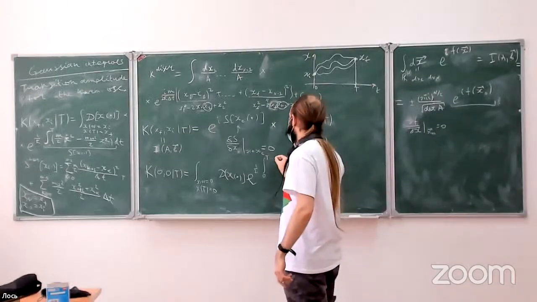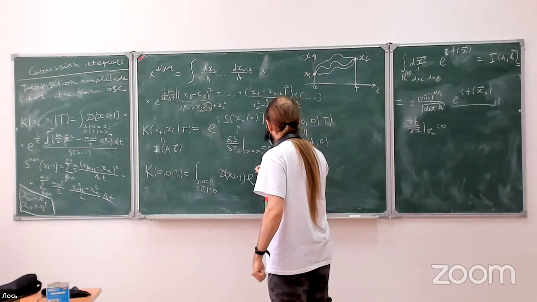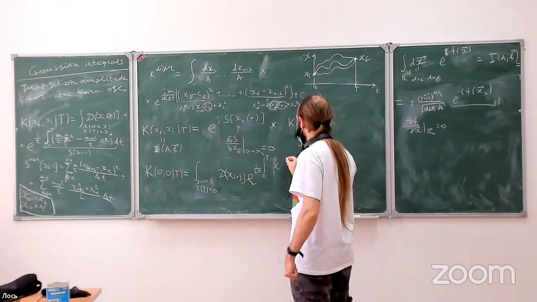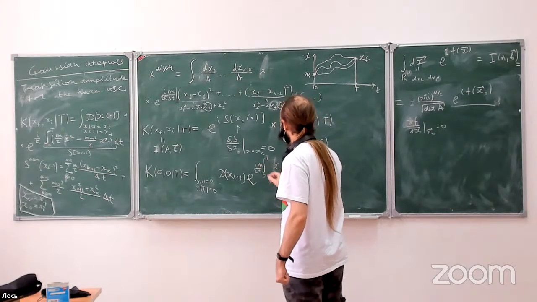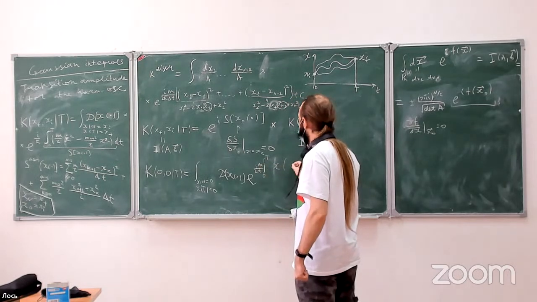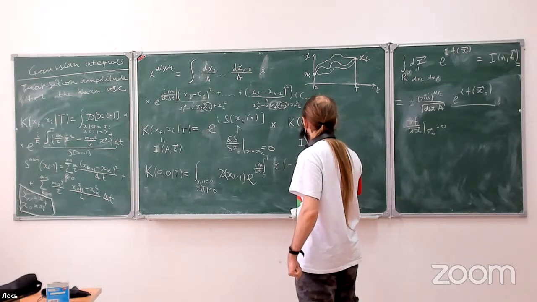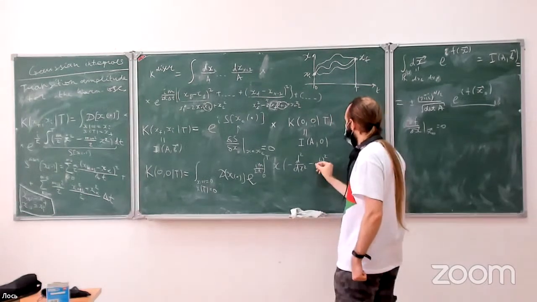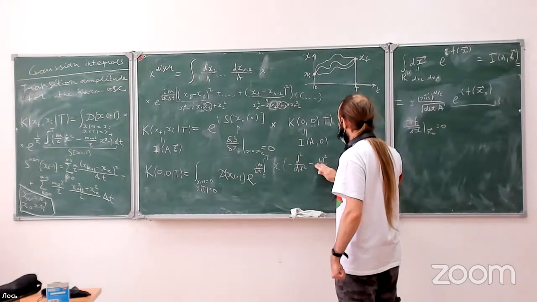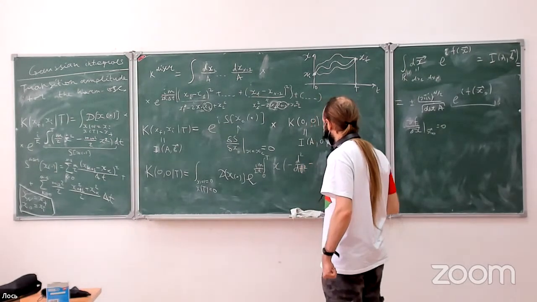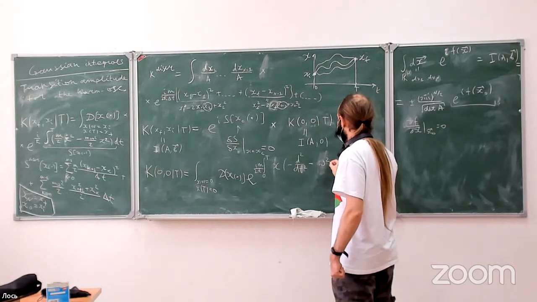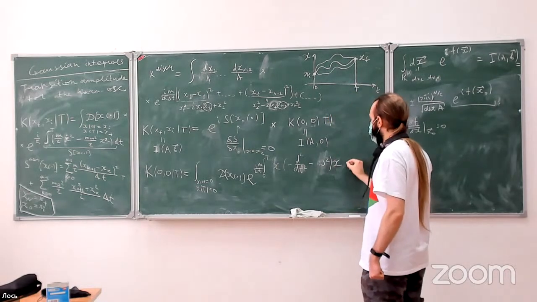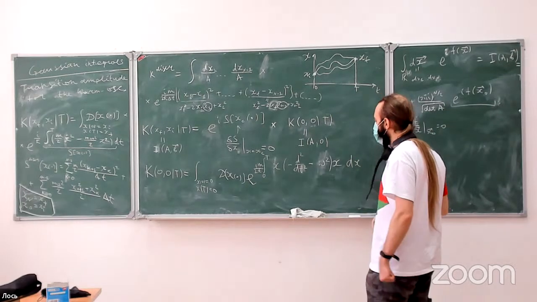Let us say that it is i over 2h, and let us put m here, so that it equals x times minus d squared over dt squared minus omega squared x, dx.